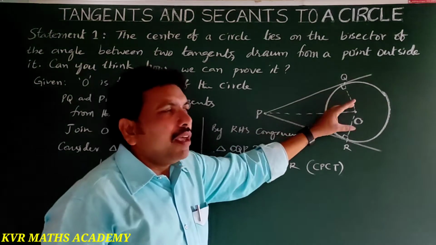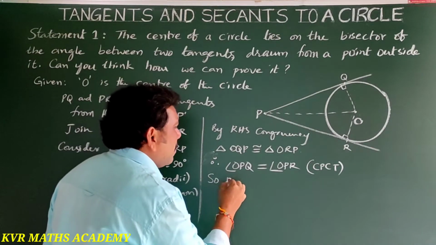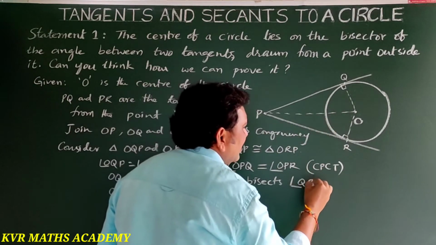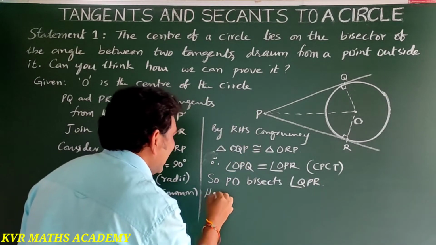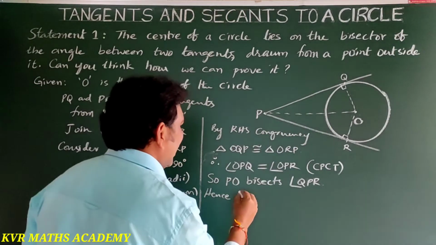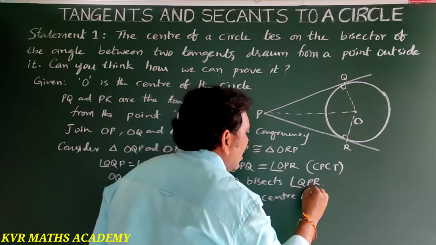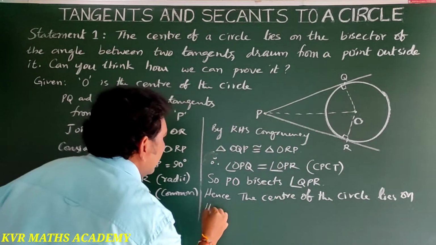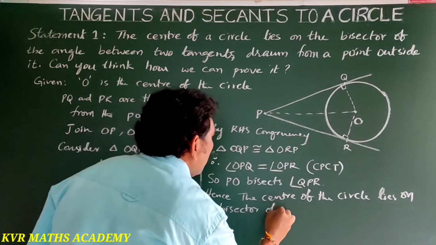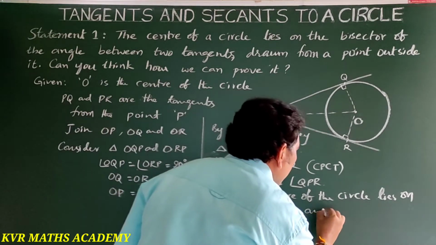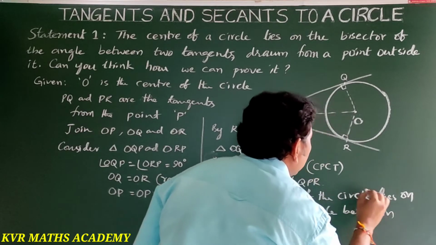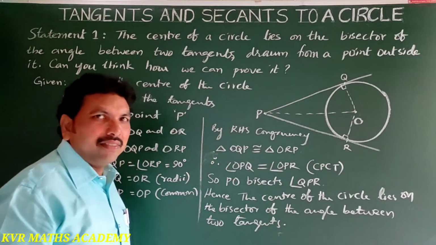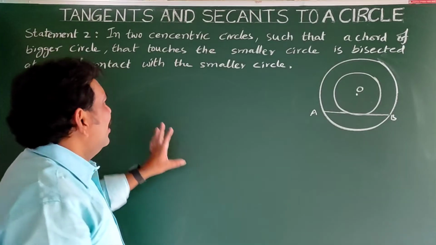Then OP bisects angle QPR. Hence the center of the circle lies on the bisector of the angle between two tangents. Understood clearly? Okay, next statement.